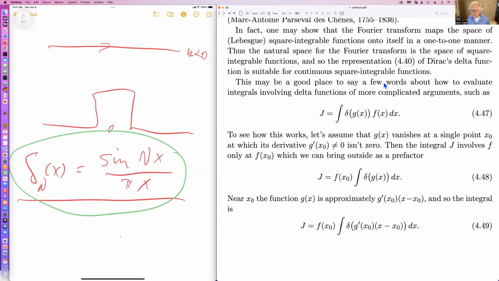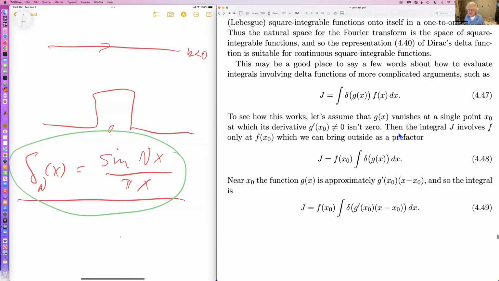Well, first of all, let's assume that g of x only has one zero. It only vanishes at x0. And that the derivative of g at x0 is not 0. Okay, so this integral really is sensitive only to f of x when g is essentially 0. Oh, hold on, we've got a question.